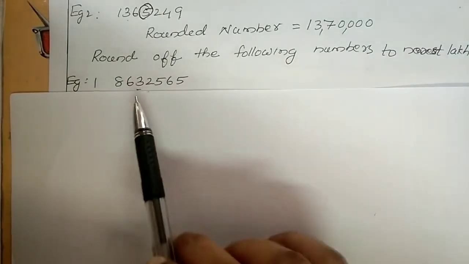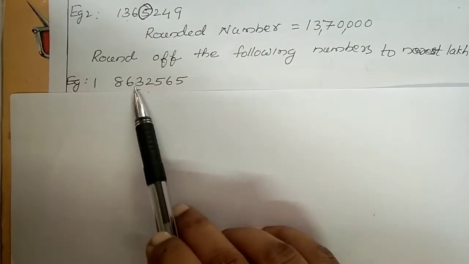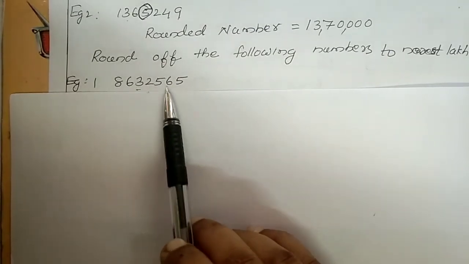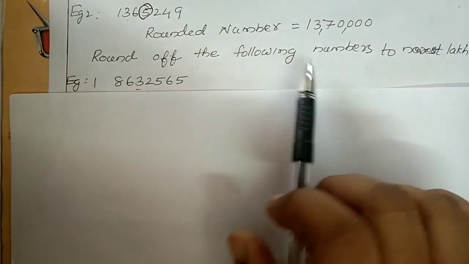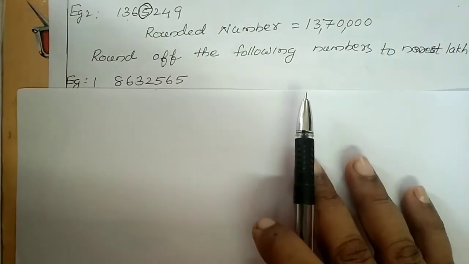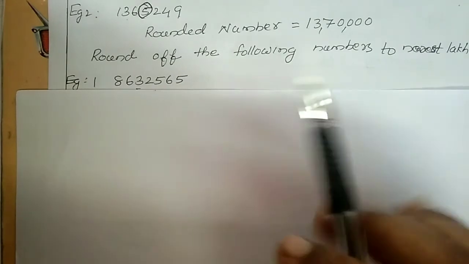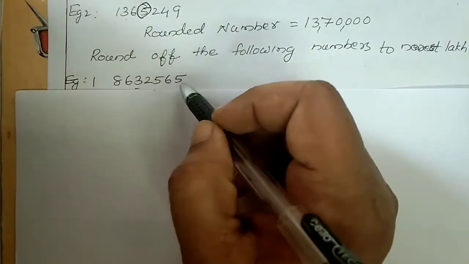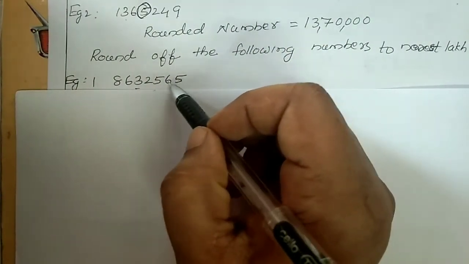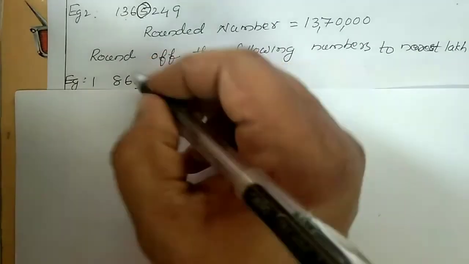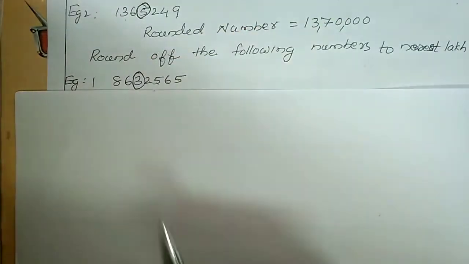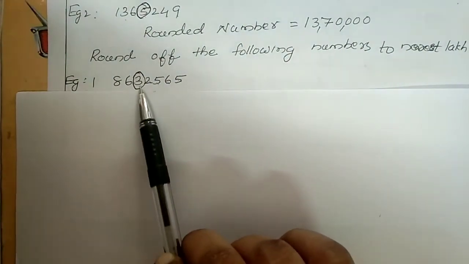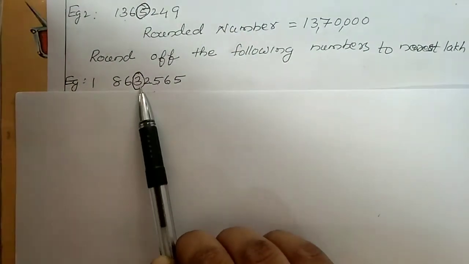The same way, round off the following numbers to the nearest lakh. One example, 86,32,565. When we round off to the nearest lakh, in that case you check the 10,000 place number, counting ones, tens, hundreds, thousands and 10,000. Here the 10,000 place number is 3, which is less than 5.